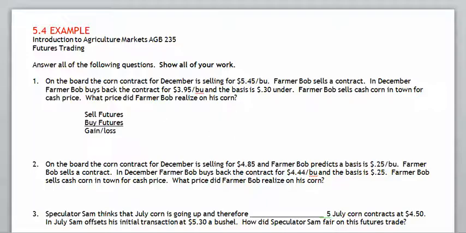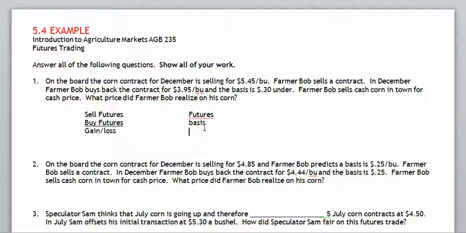And from there we figure out from the futures price and the basis, we figure out what we realized, or what we received for a cash price. Futures minus basis is cash price.